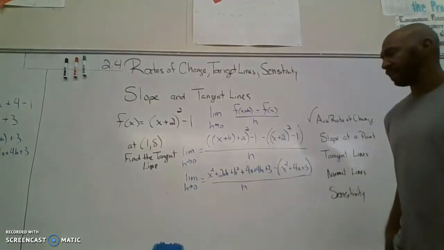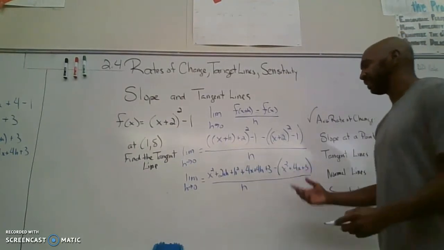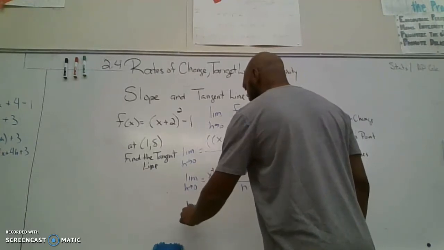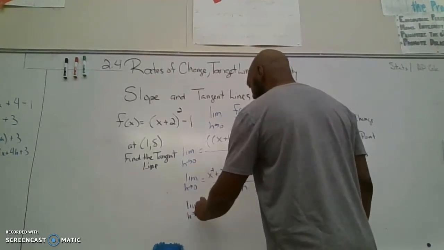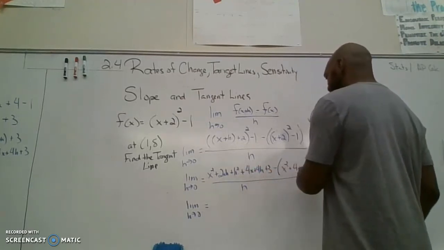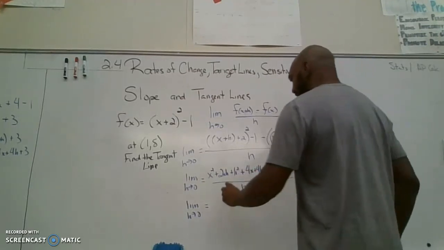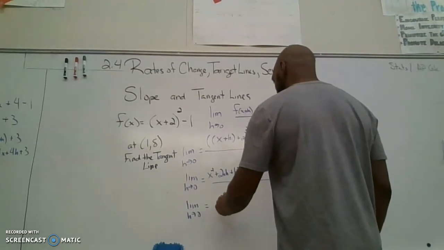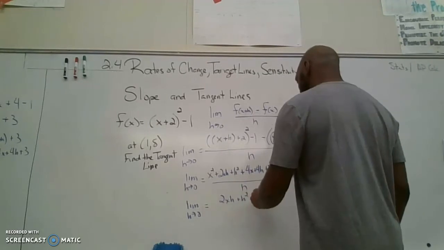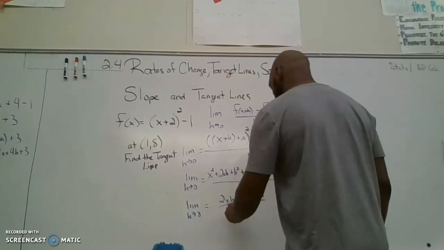Our goal here is to cancel out the h's. So I end up with the limit as h approaches 0, where the x squared cancels, the 4x cancels, the 3 cancels, and I'm left with 2xh plus h squared plus 4h, divided by h.